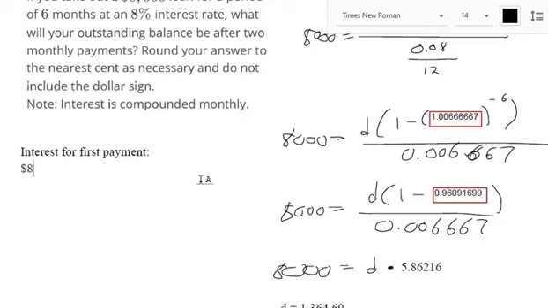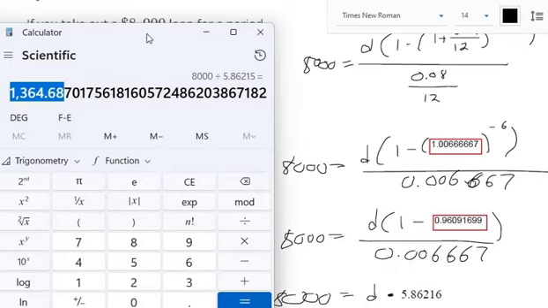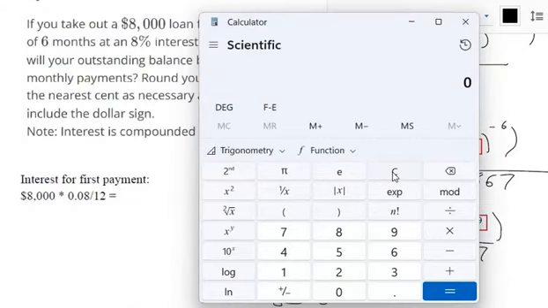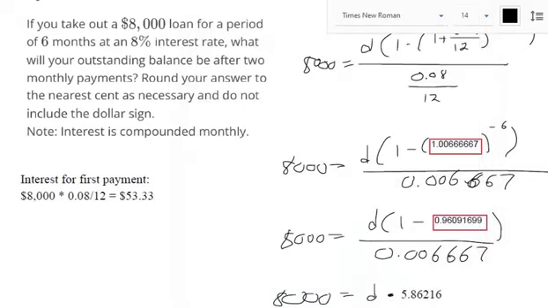And let's see, there's $8,000 that we still owe, and we're paying 8%, but that's 8% per year. So you need to divide that by 12. Okay? So every monthly payment's getting that 0.0066 or 0.667% interest. So on the first payment, we owe them $53.33 in interest.